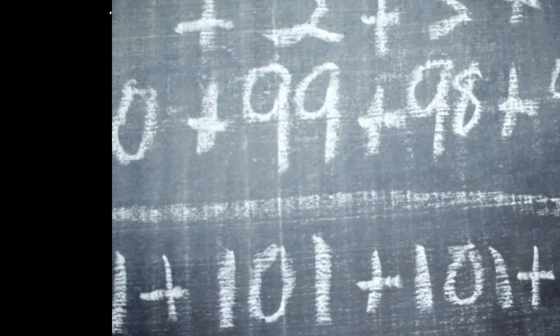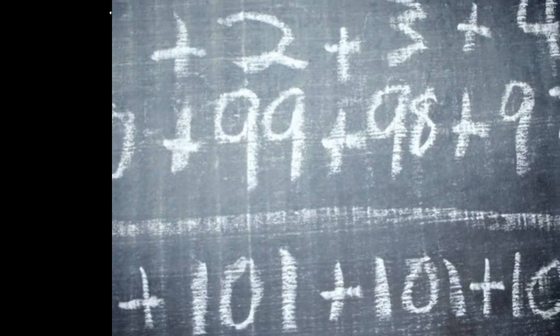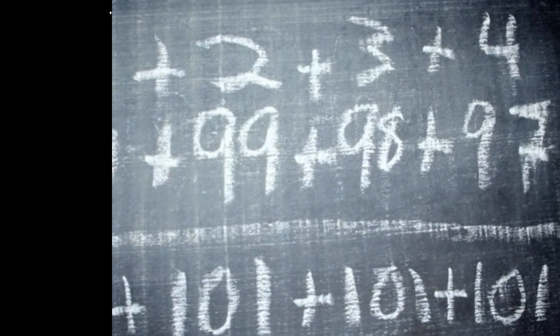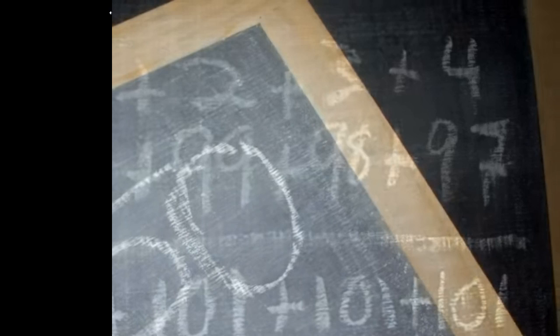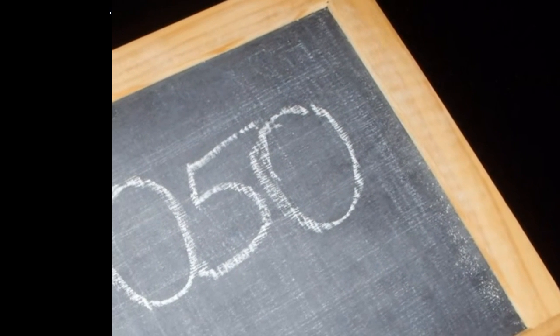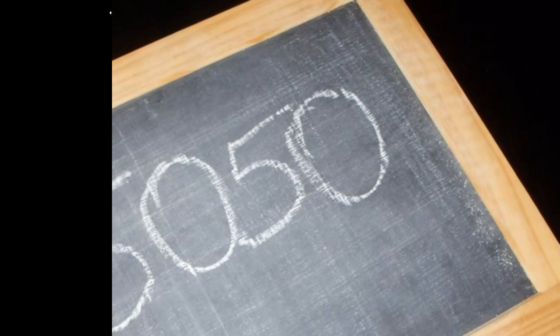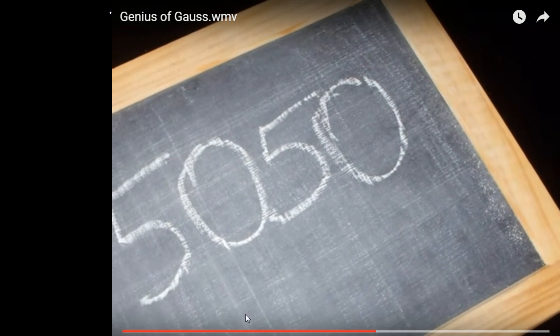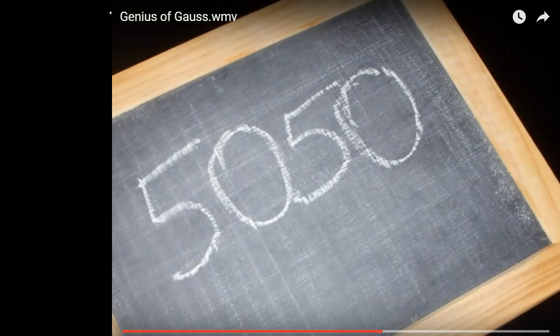We have 100 such pairs of numbers. So the total of these two sets of numbers is 100 times 101. This, however, gives us twice the amount that we are looking for, since we have added two sets of integers from 1 to 100. So we simply divide the total by 2, yielding an answer of 5,050.